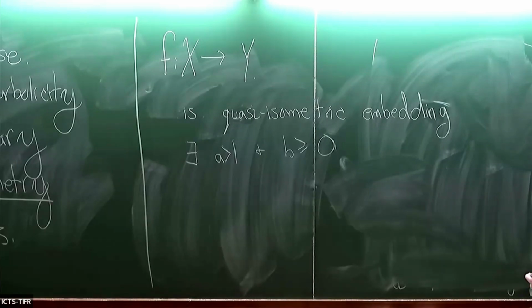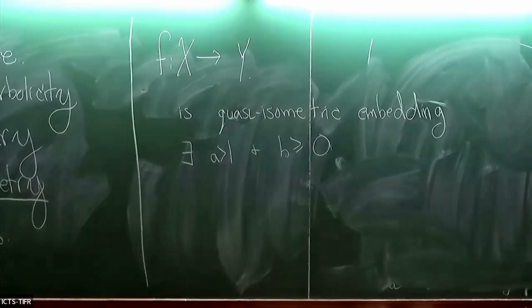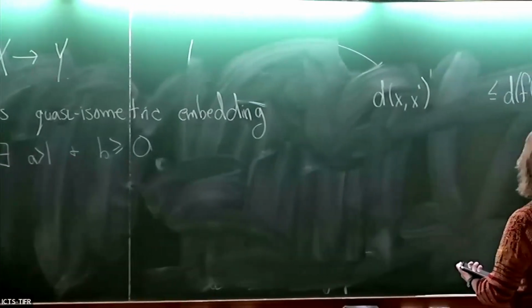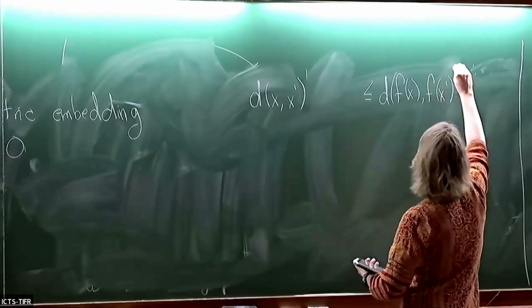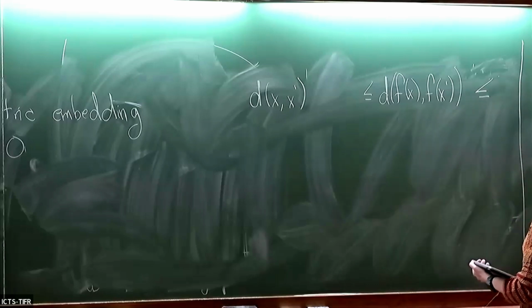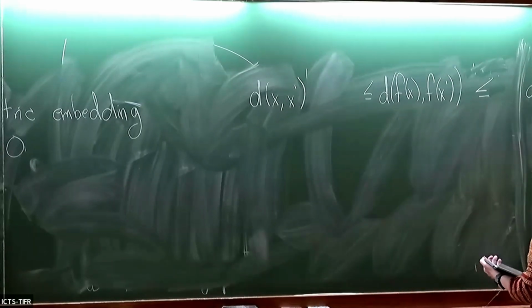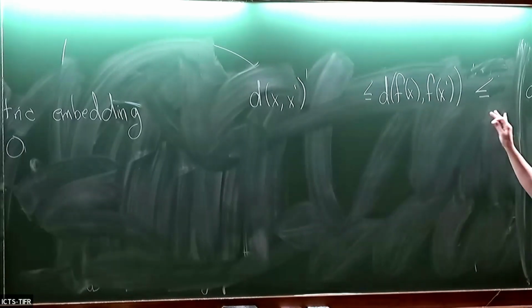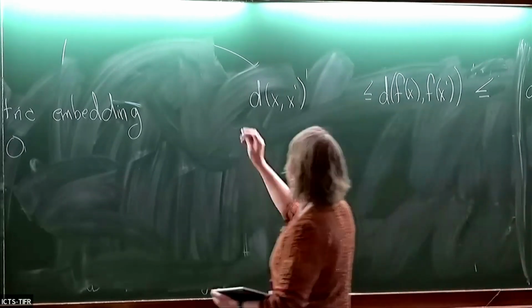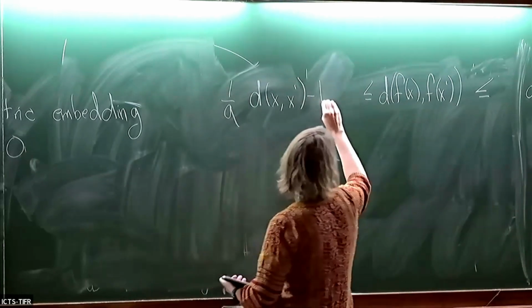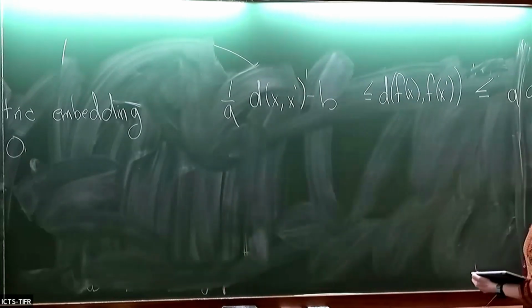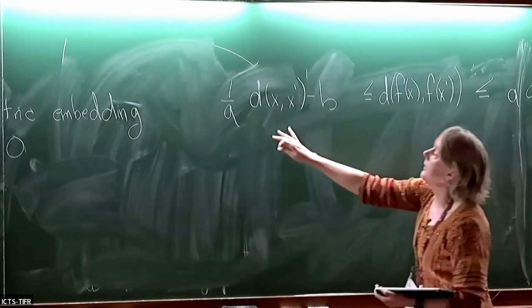So an isometry would say the distance between x and x prime would be less than or equal to the distance between f of x and f of x prime, which would be less than or equal to the distance between x and x prime. So this would say my map was an isometry, right? Because they would be equal. And this just says I could change this by a multiplicative and additive constant.